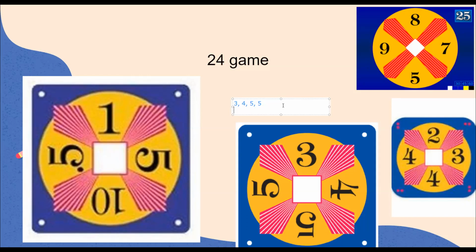Well, if we multiply 3 and 4, we can get 12, but you can get 2 from 5 and 5. 15 and 20 won't do a lot of good. Basically, you just want to get 24 from all 4 numbers. So let's see.